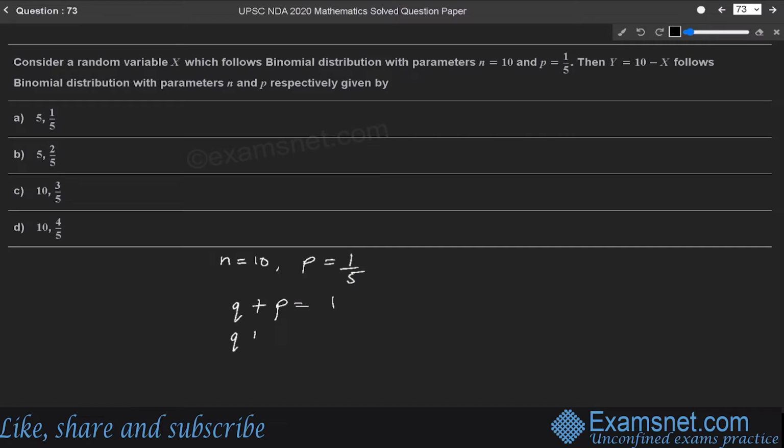So putting the value of p here, it will be q plus 1 by 5 is equals to 1. Q is equals to 1 minus 1 by 5, which will be equals to 4 by 5. So this is the value of q and we know that n is equals to 10. So the correct option for this question is option number D, 10 comma 4 by 5.